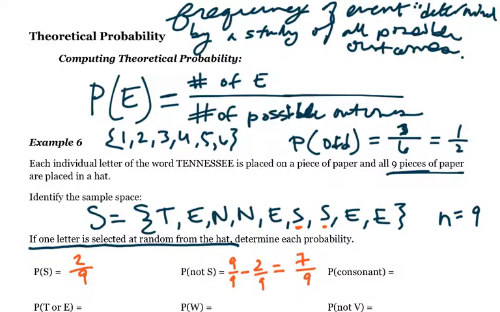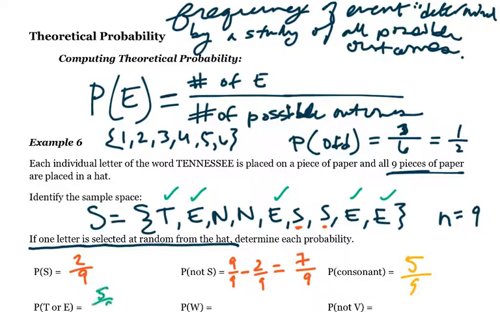A consonant is any letter that is not a vowel. Our vowels are A, E, I, O, and U. So a consonant in here would be, I'll circle in yellow, T, N, N, S, S. So there are 1, 2, 3, 4, 5. So that would give us 5/9 for the probability of a consonant. Probability of T or E. T or E means we count it if it's a T and we count it if it's an E. So 1, 2, 3, 4, 5.